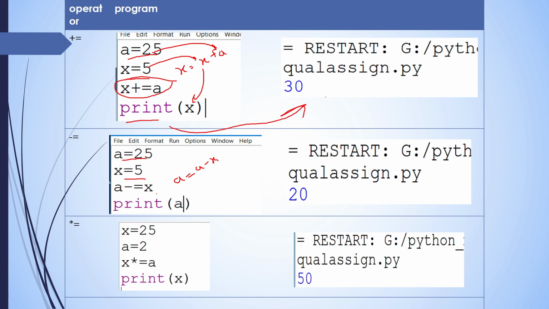It is used to assign this type of expression: a is equals to a minus x, and print a. So a has a value 25 and x is equals to 5. So 25 minus 5 means 20. So a is equals to 20, right? So the answer comes here.